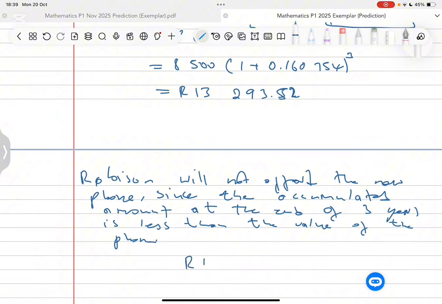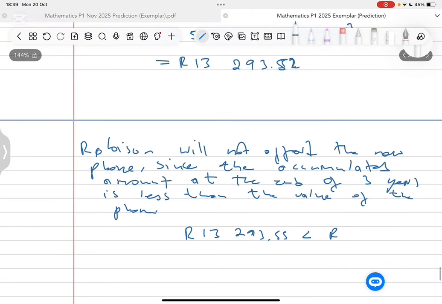So we are saying here that the money that has accumulated in the savings account is less than the cost of the phone. So you won't be able to afford this phone.